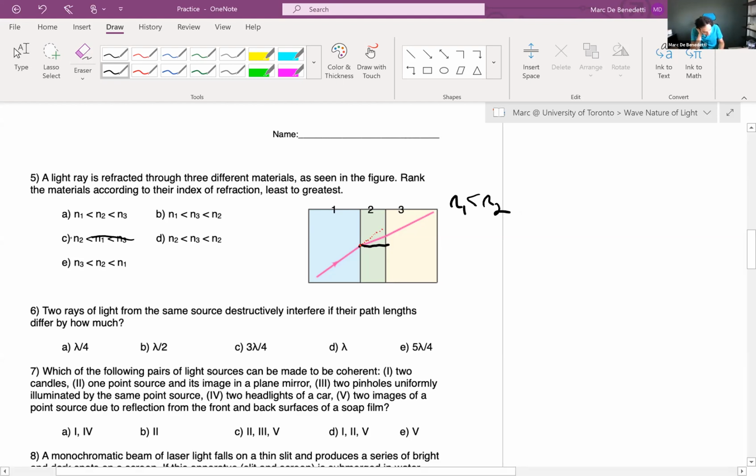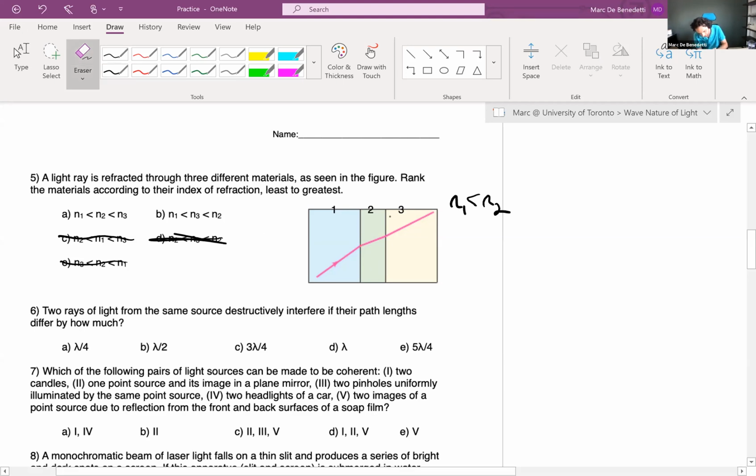So that immediately crosses out C, and that immediately crosses out E as being wrong. D doesn't even make sense because there is no 1. I don't know if that was a typo. I probably typoed that, but D is probably wrong. So it's either A or B, which fits with what everyone was responding with.